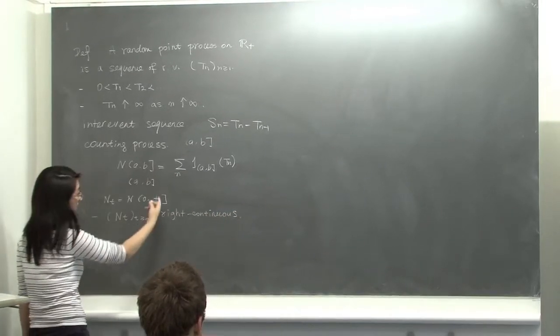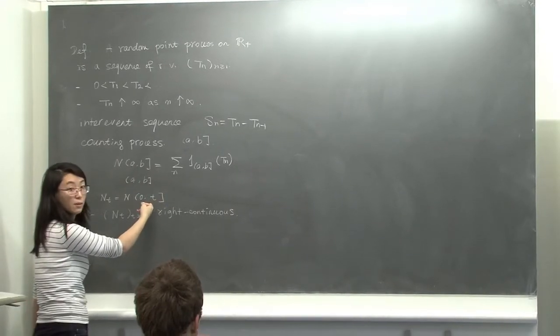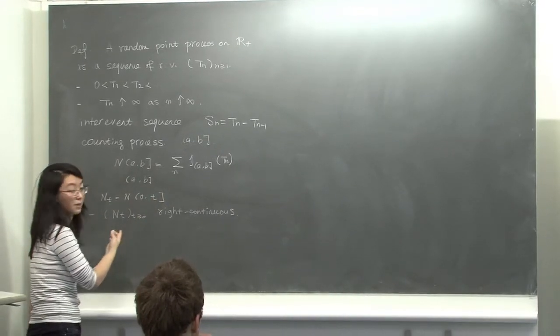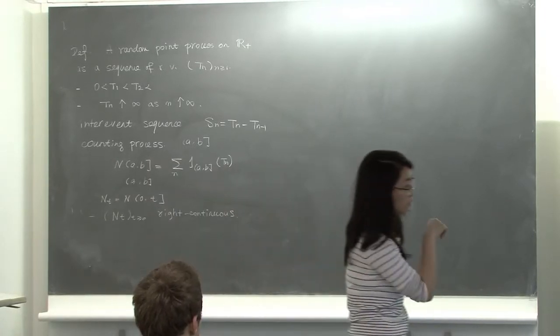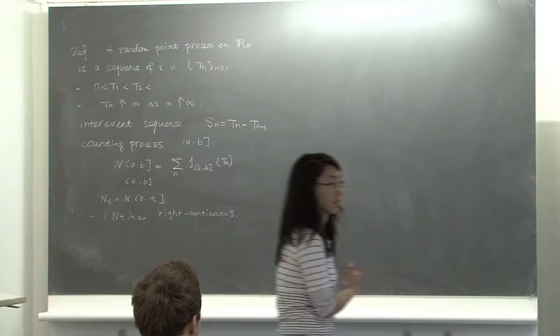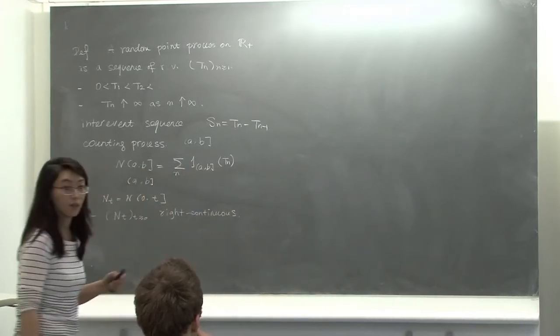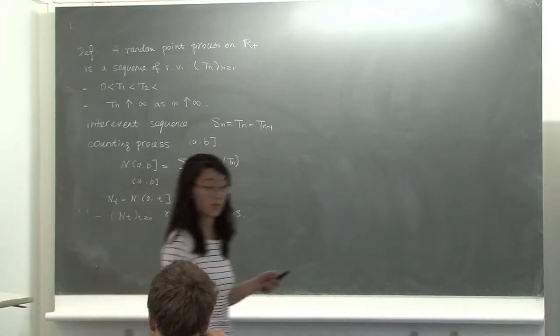And if we always defined the right-hand side as an open interval, then it would be a left continuous process. But in our lecture, we always restrict to the closed interval on the right, so we are considering a right continuous process. Okay, so this is the random point process.